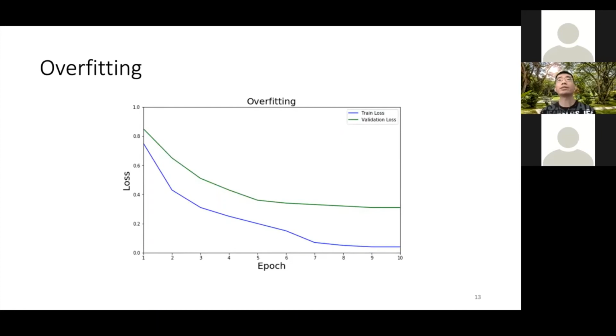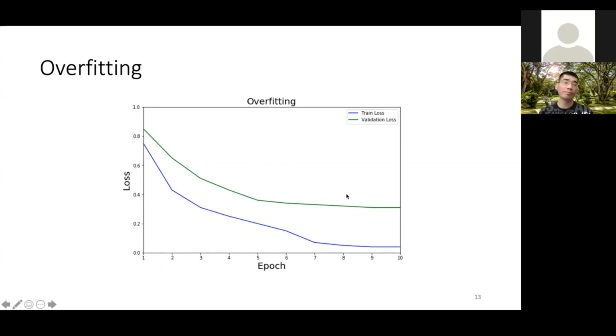And now let's look at overfitting. The loss curve for an overfit model usually looks something like this, where the training loss continues to decrease over time, but the validation loss decreases to a point and all of a sudden flattens or even begins to increase again. So why is this happening? If you think back to our discussion of overfitting, this behavior makes sense because the model is fitting extremely well to the training data, and so the training loss is decreasing.